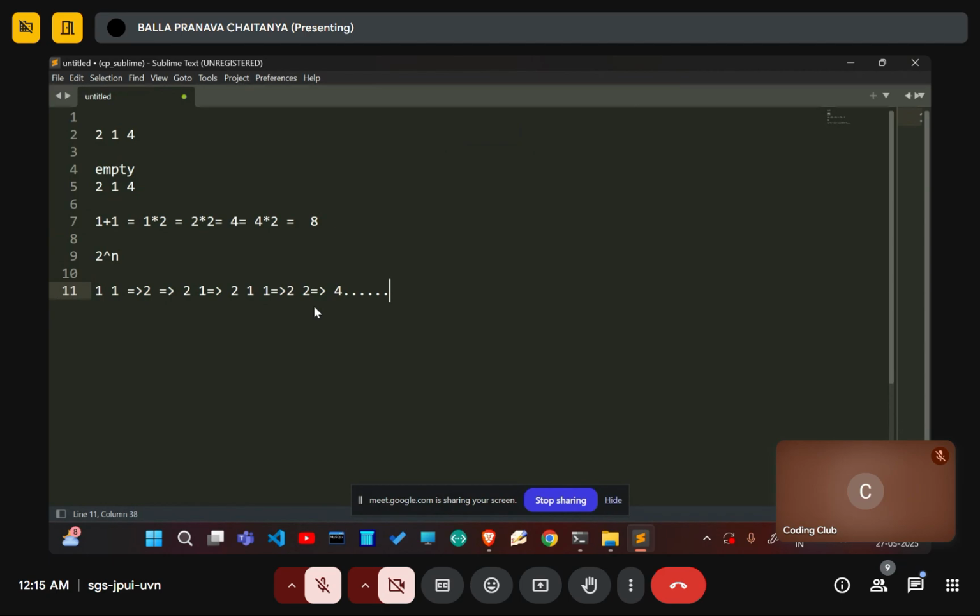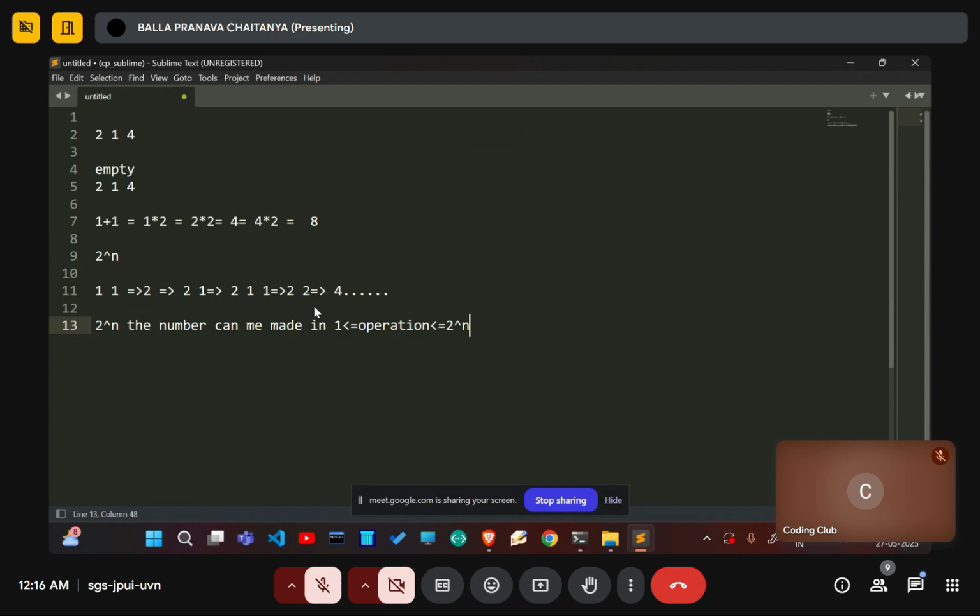So if a number is in the form of 2 to the power n, then the number of operations to make it can go from 1 to 2 to the power n, right?